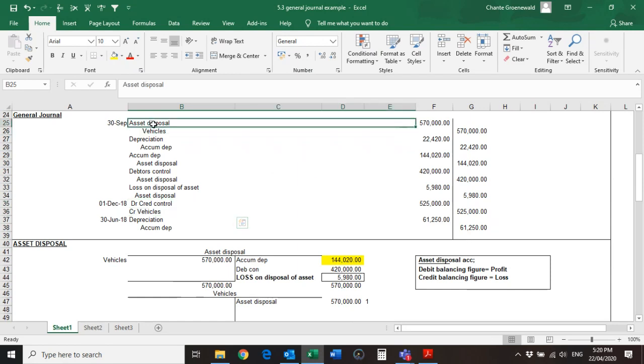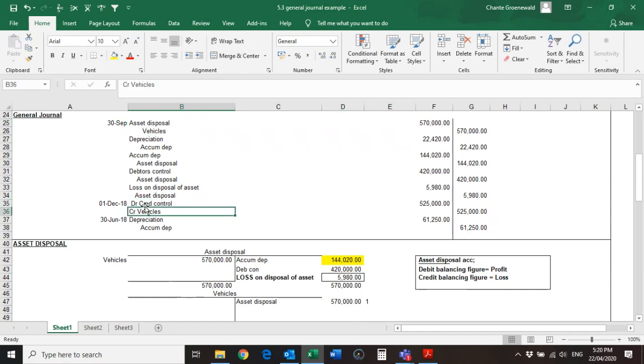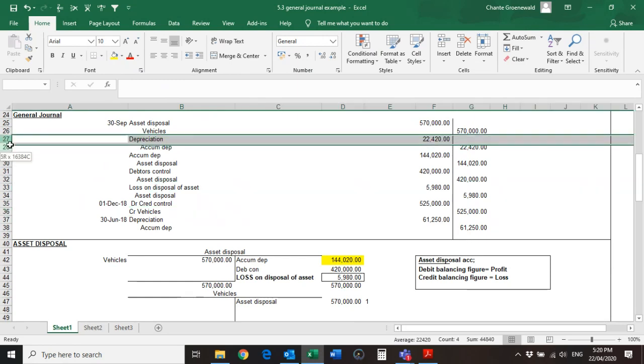So we show what we're going to debit, then we make space, and then we write what we're going to credit. If you don't want to do that, just remember to write debit, credit, so I know as a marker what you debited and credited if I have a quick scan at this.